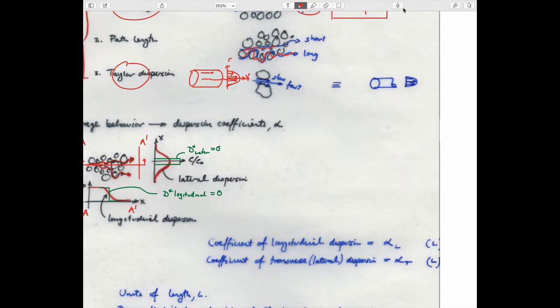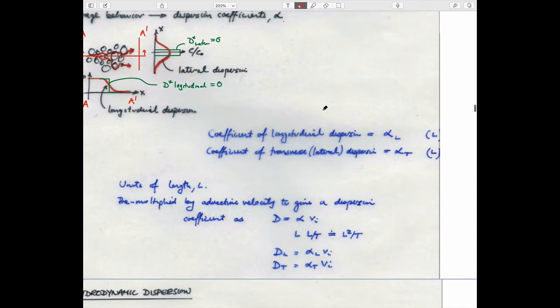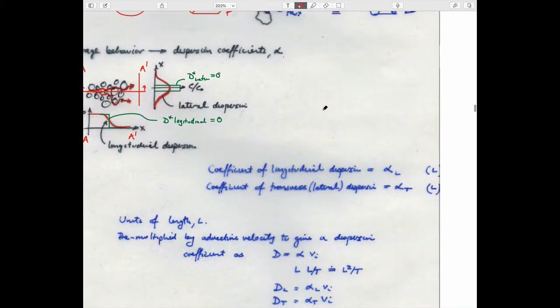And this coefficient we will refer to as D longitudinal, and this would be D transverse.